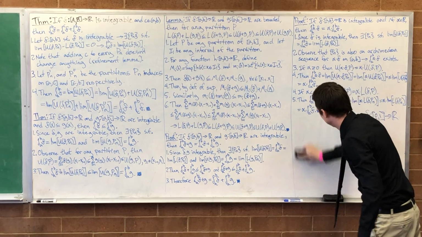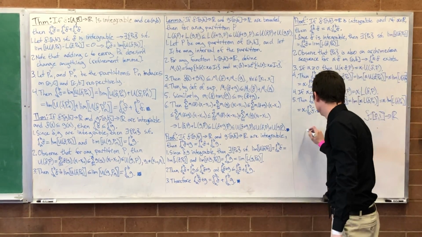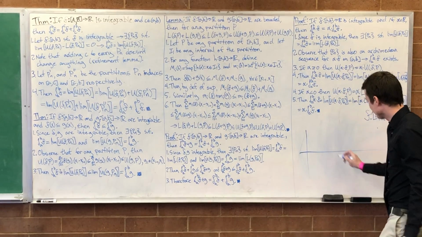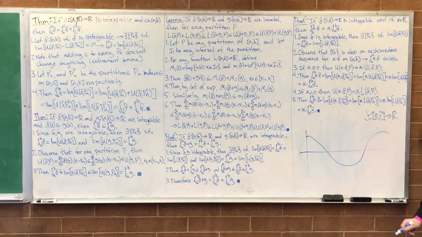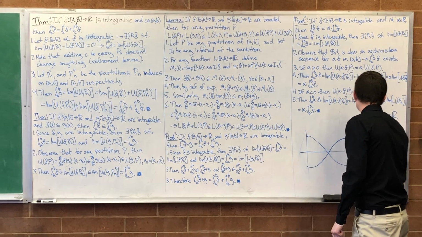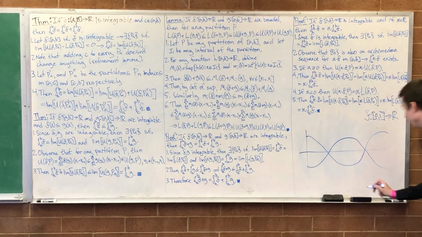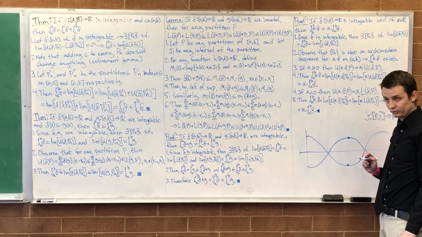Maybe one picture will make it really, really clear. I'm going to start out with the function f. And we'll make it do something like that. Now I'm going to multiply the function f by -1. What does that do? That makes it look like this. Notice now that the lower f was, the higher alpha times f was.